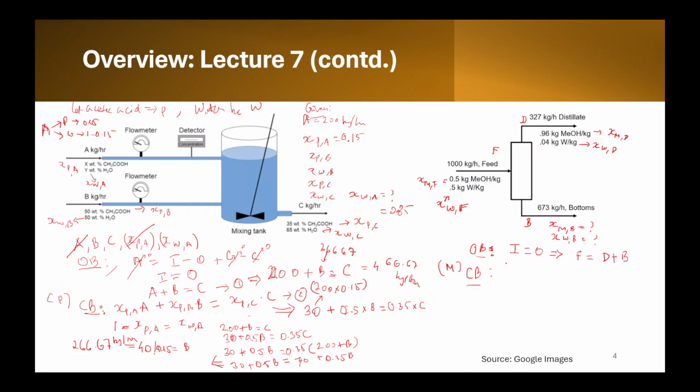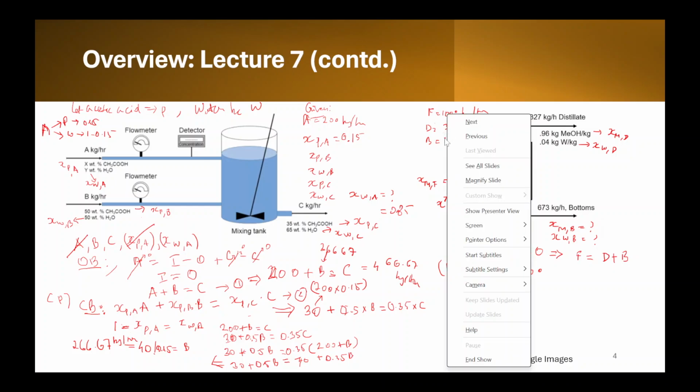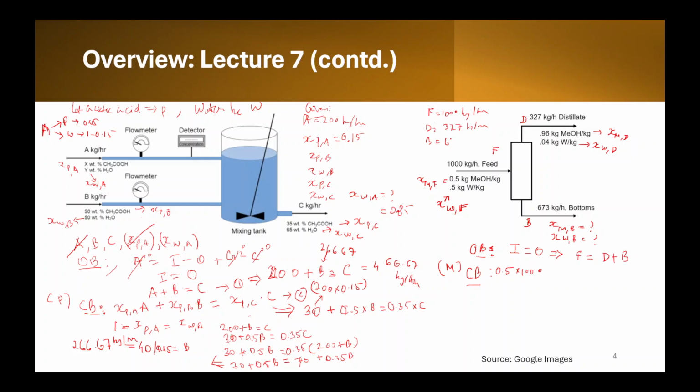So mass in will be 0.5 into 1000, which is the value of F. I'll just write what is given here. F is 1000 kg per hour. Then D is given to us, 327 kg per hour. B is also given to us, 673 kg per hour.